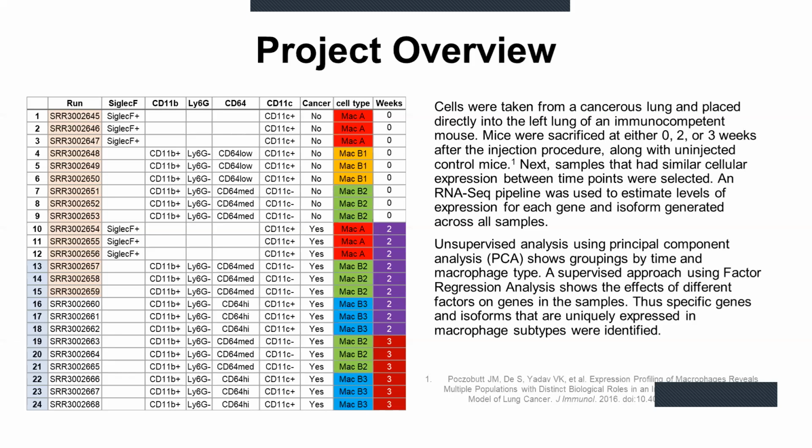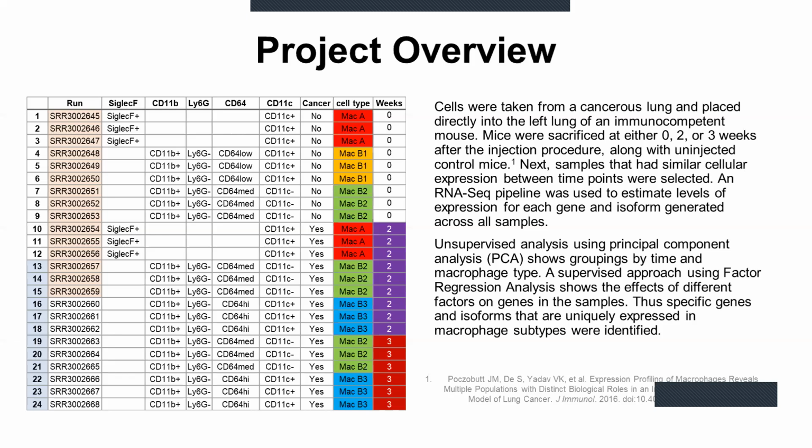So, as I said, we have gene expressions from macrophages, and we have two labeling layers: what type of macrophage, and the weeks. Some of them are measured initially when they're implanted in the tumor. Some of those gene expressions are measured 2 weeks after implantation, and some of them 3 weeks.